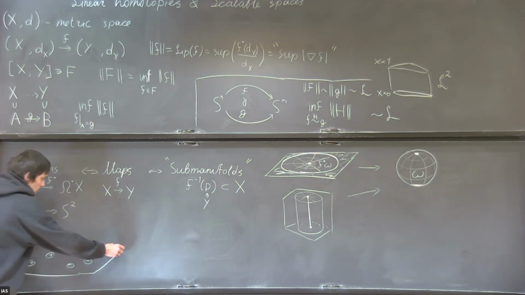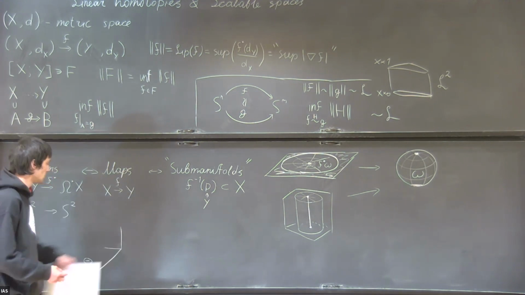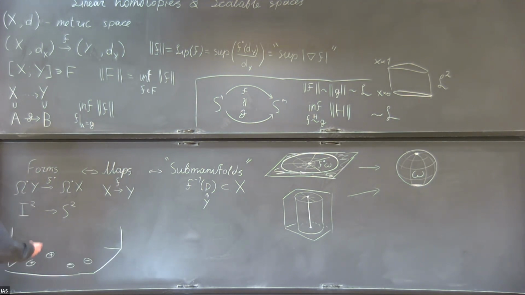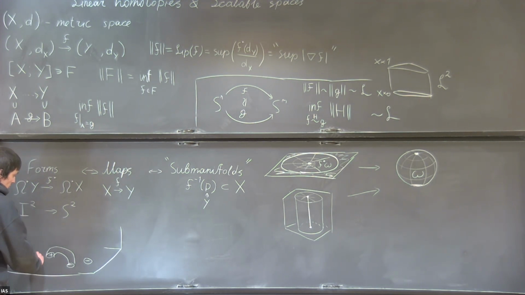And you want to null-homotope that mapping. The reasoning from the picture below is to connect these positive and negative disks with tubes that cancel them out.